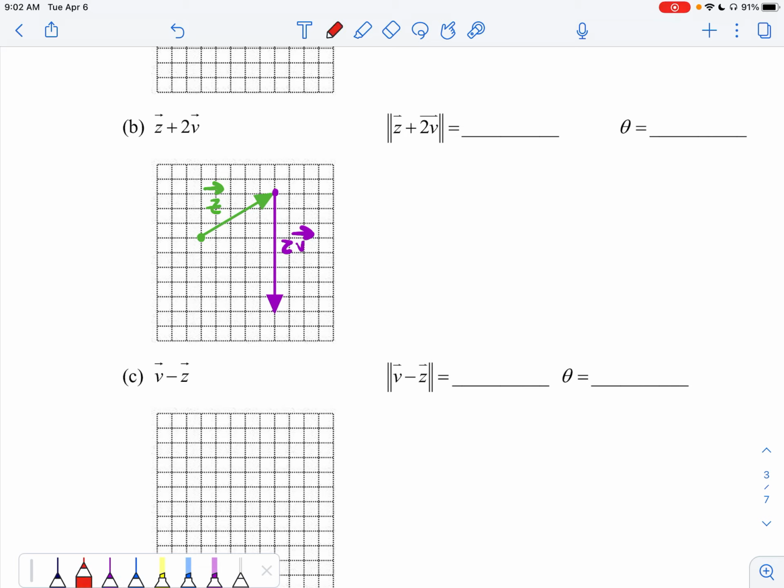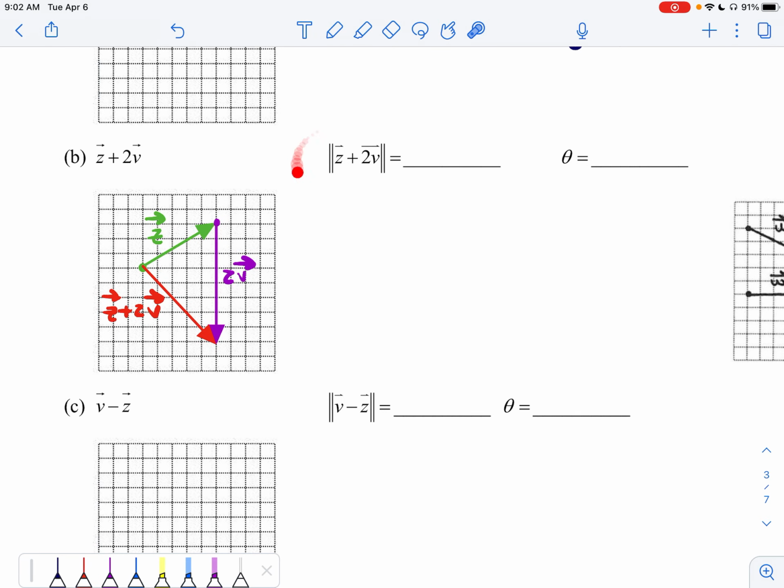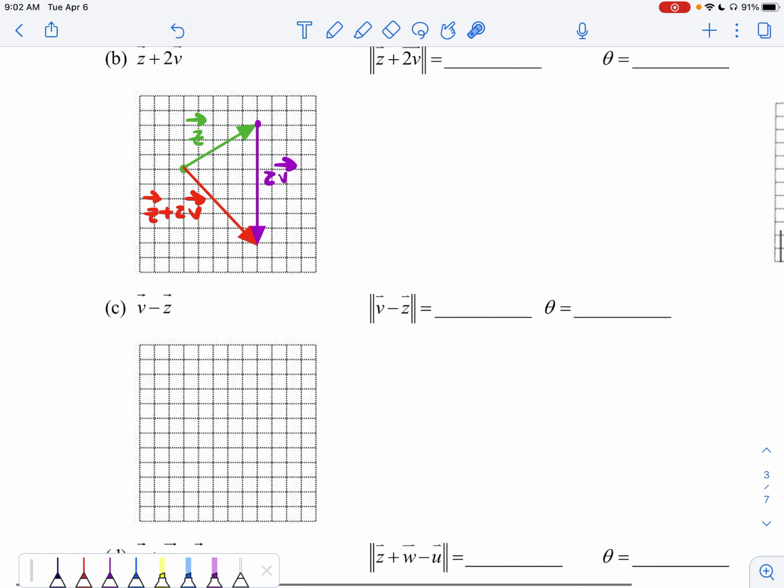Then our resultant vector goes from the tail of z to the tip of 2v, and that is our answer. I'm going to leave the magnitude and the direction angle for you guys to try on your own. I think you can get that figured out.